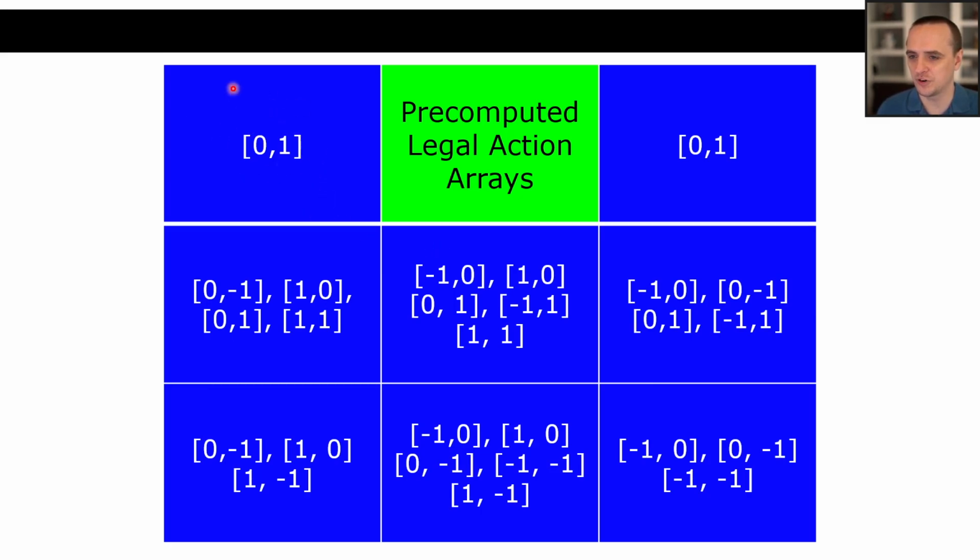For example, we showed that in this cell, the only action that's legal is moving down. So we would store this value as the vector of actions that are legal from that cell. Here, the legal actions are up, right, down, and down right. So what we've done here, we've used a little bit more memory in order to pre-compute legal actions so that we don't have to dynamically compute legal actions during our search algorithm.